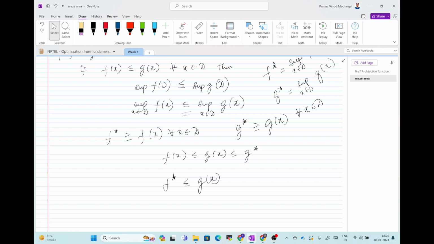F star is the lowest upper bound for f of x, yes, but for all x, f of x is less than or equal to g of x.